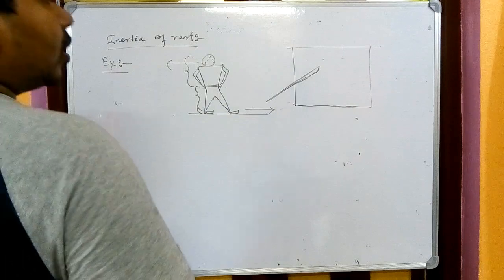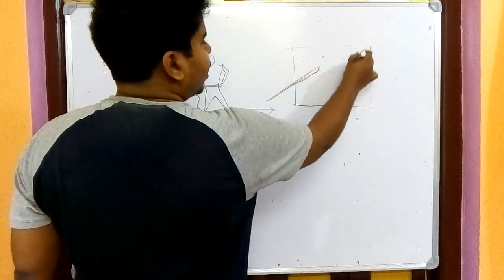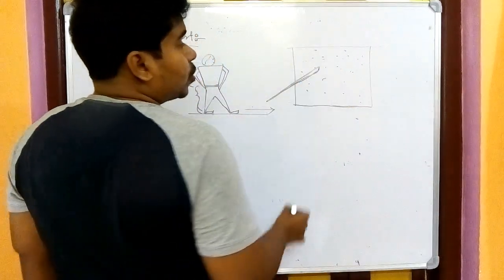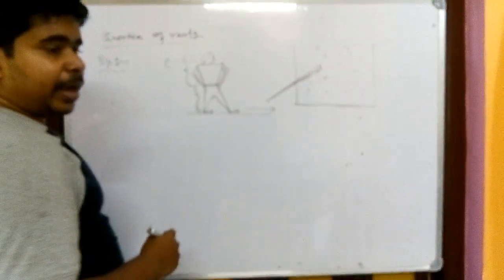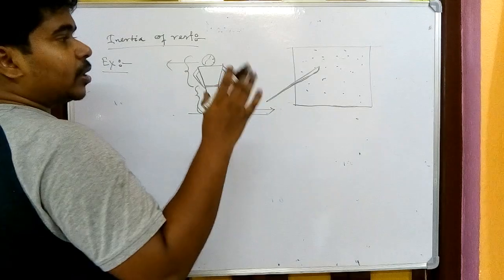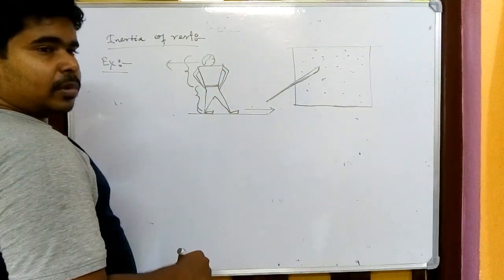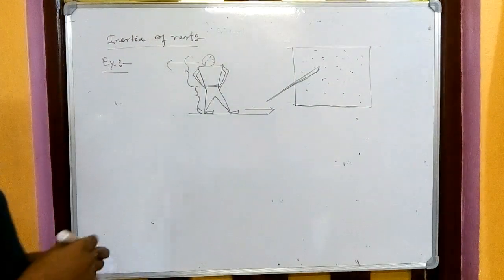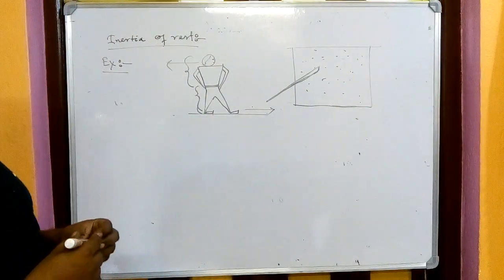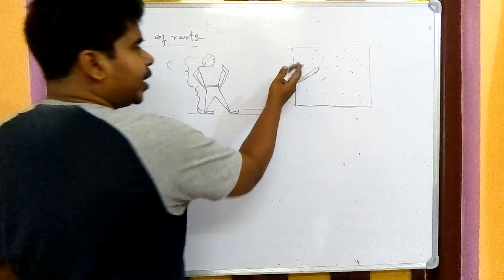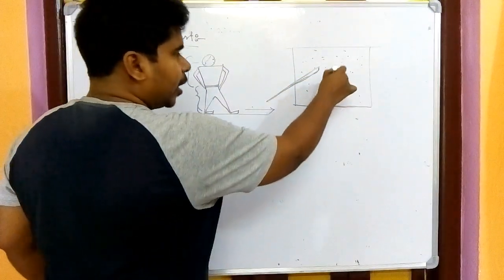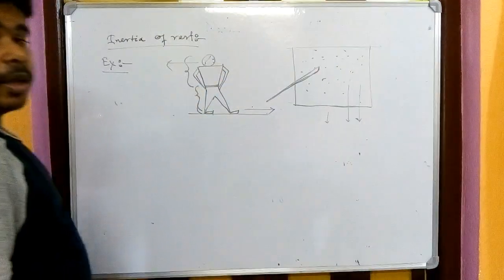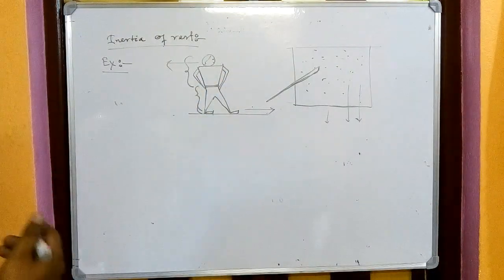Because inside the carpet there are a huge number of dust particles. As we beat the carpet, the carpet moves, but the dust particles cannot move due to inertia of rest, so they come down, and in this way we can clean the carpet.